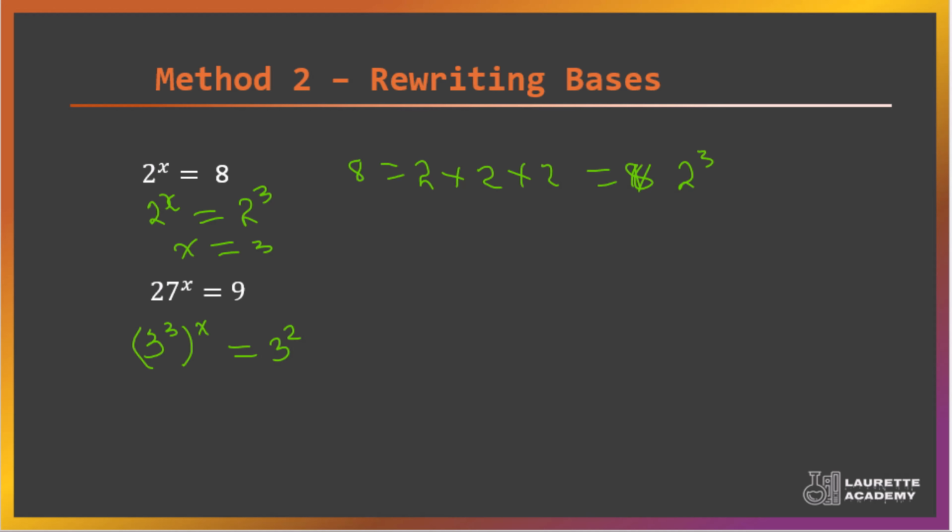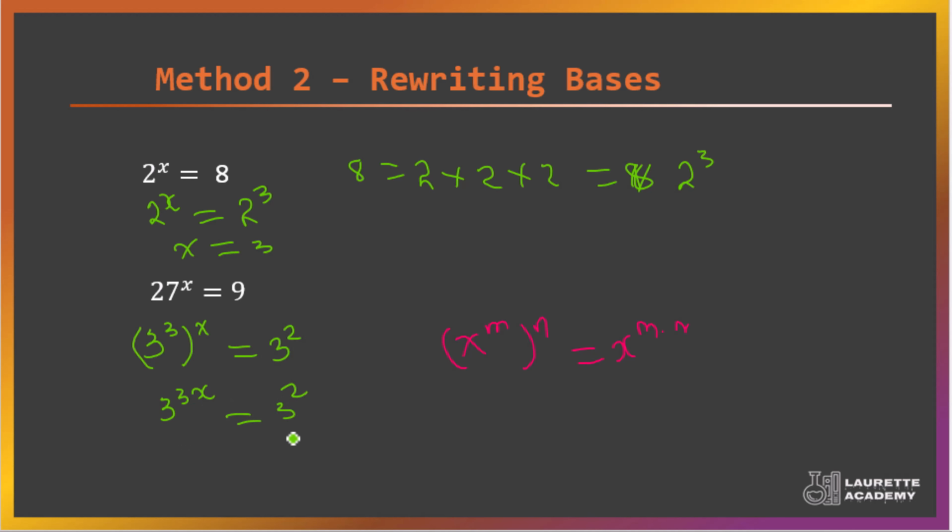Now, when we have something like this, x to the power m raised to the power n, this is the same as x to the power m times n. So if we apply that to the left hand side here, we'll have that 3 to the power 3 times x, which is 3 raised to the power 3x, is equal to 3 squared.